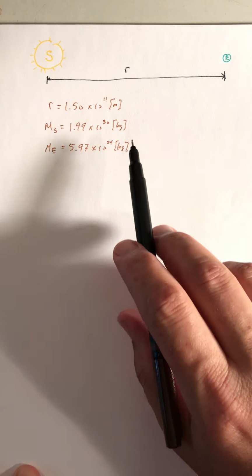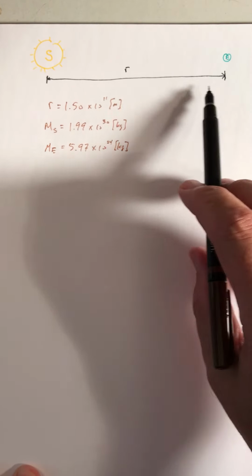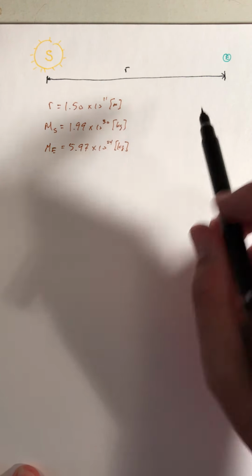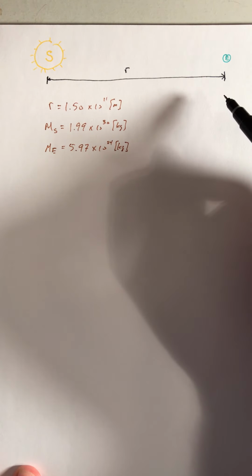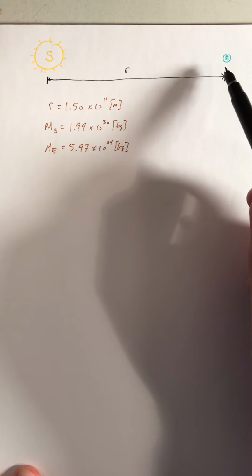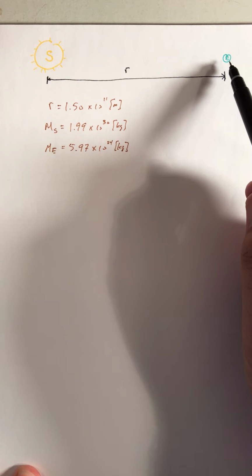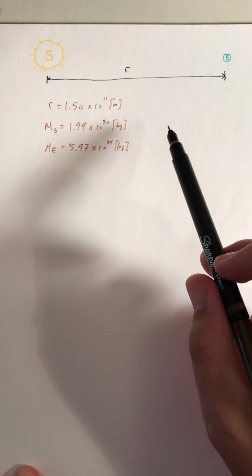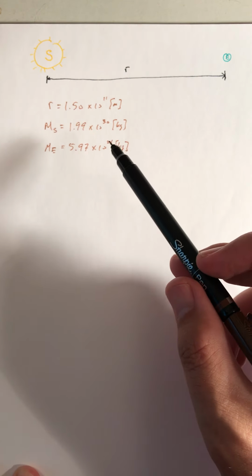So this scale is obviously not correct, but just to point out in passing, 100 Earths would fit across the sun. So in terms of volume, 1,000,000 Earths fit inside the sun.